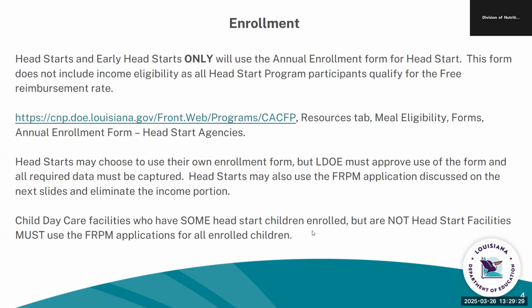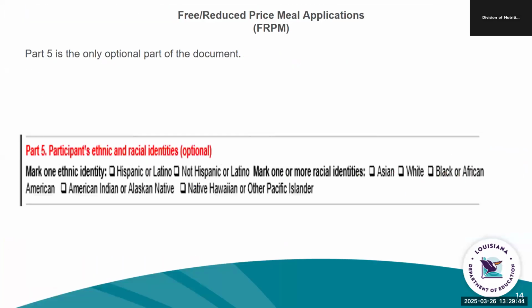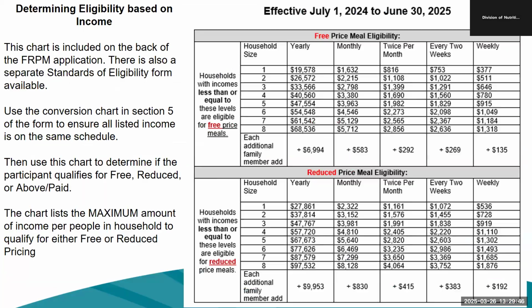You are a Head Start program that includes early Head Start. So yes, it sounds like you guys are affiliated with a direct school system, and you do have the early Head Start. So that would be the Head Start applications, because you'll be included in the Head Start program, and you'll be following and falling under Head Start guidelines.